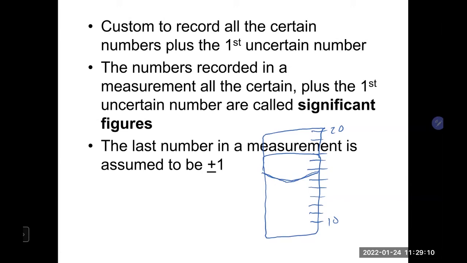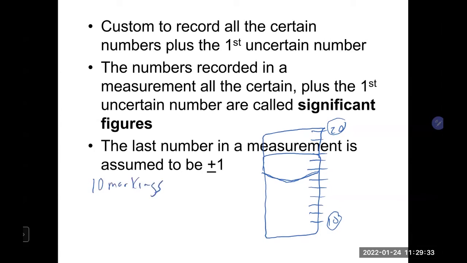All right. So if we look at this particular scale here, that is 10, that is 20. And when we count from 10 to 20, starting with the one past 10, that is 1, 2, 3, 4, 5, 6, 7, 8, 9, 10 markings. So we have 10 markings between 10 and 20 in this case.